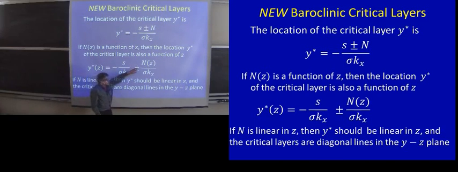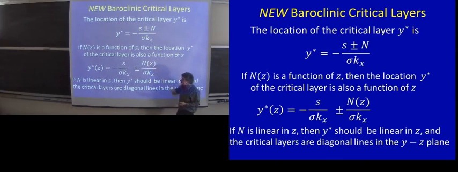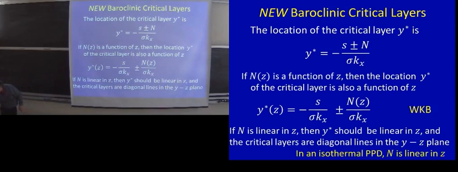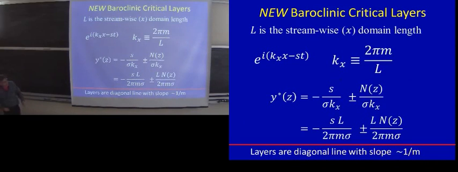The Brunt-Väisälä frequency is linear in z. If this was constant, the location of the critical layers would be independent of z, but if you go back to the problem actually studied, they'd be linear in z. And so I can go back and use that to get it.